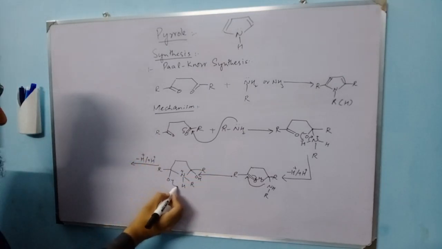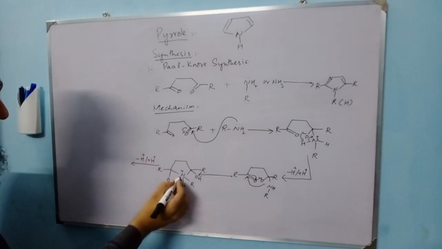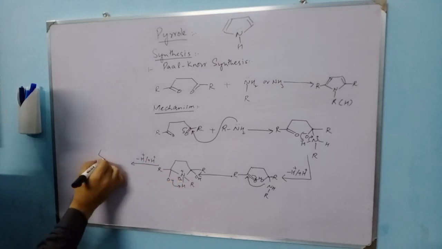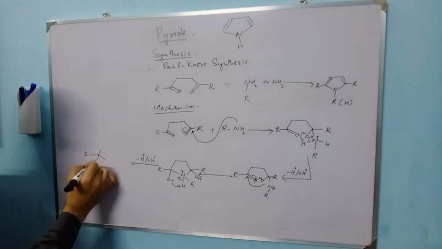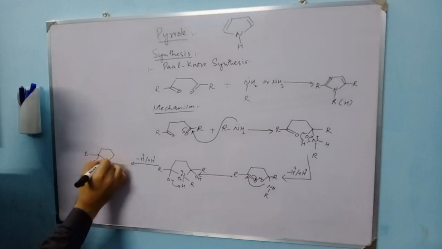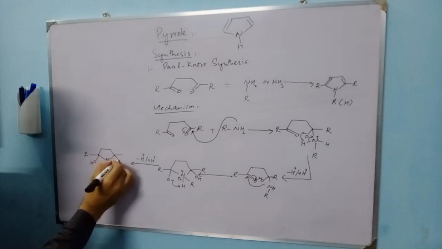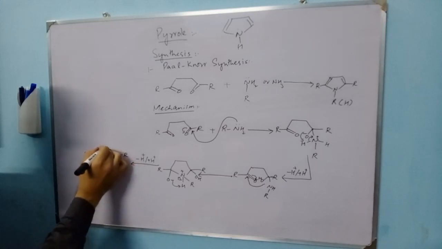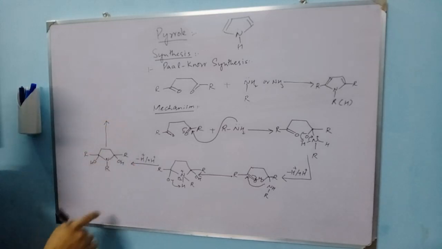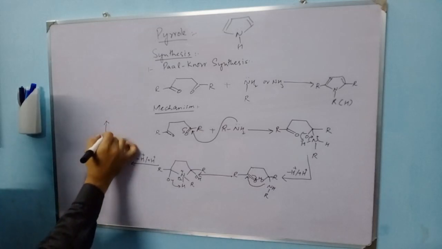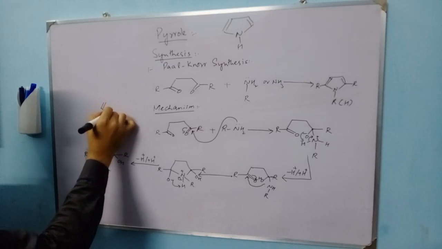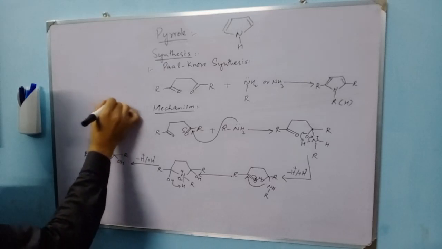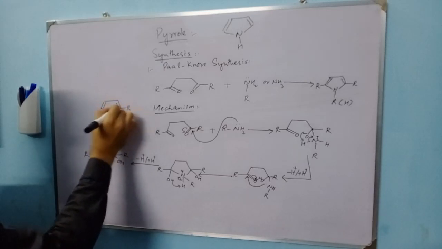This proton would be taken up by oxygen and we would get this double aminal. And this will be doubly dehydrated. Two water molecules would be eliminated in order to get the pyrrole derivative.